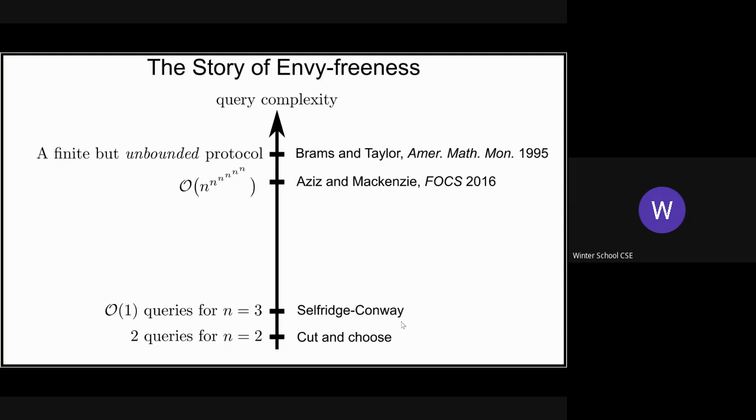It was n to the n to the n to the n to the n to the n. It still counts as a win in theoretical computer science, and it was a bounded protocol, so that was good. But you can see that even for n equals 4, this is just going to explode. So this was what we knew from 6 years ago.